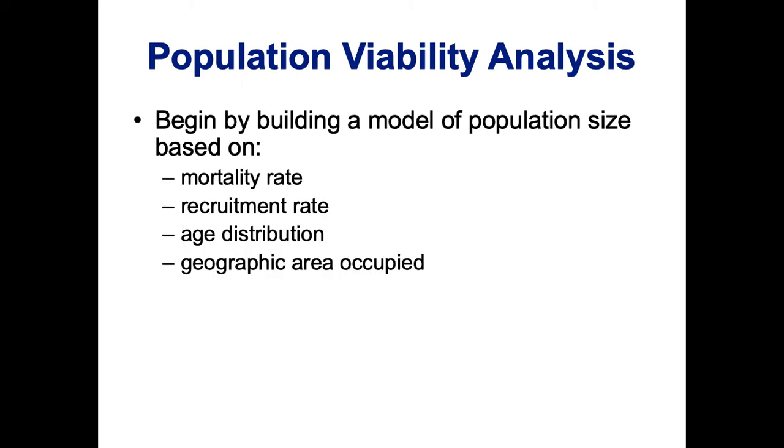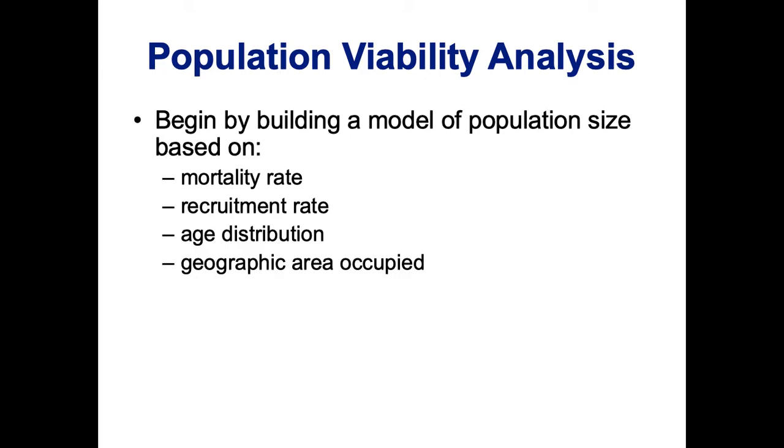So you start by building a model of population size based on mortality rate. So what's the probability that an individual is going to die in a given year? And you might look at the probability that an individual is going to die at different life stages. So if it's a juvenile or an adult or a larvae or something like that. You're going to look at recruitment rate.